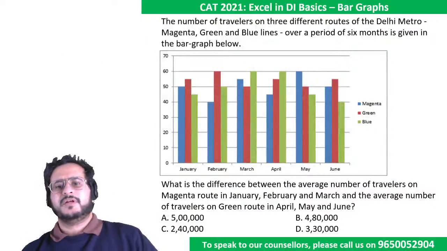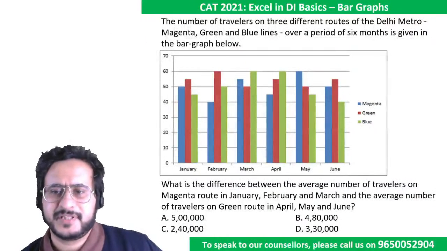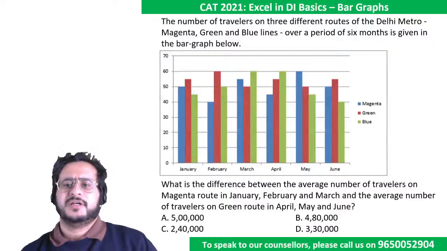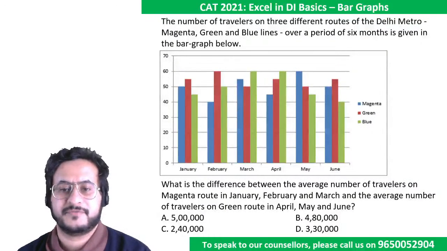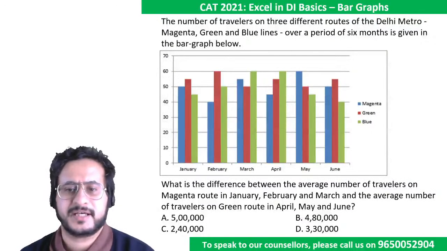Okay. What is the difference between the average number of travelers on magenta route in January, February, and March, and the average number of travelers on green route in April, May, and June?